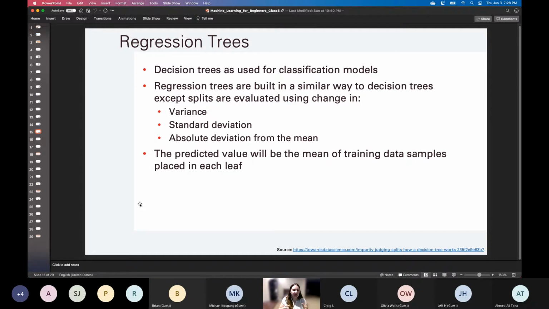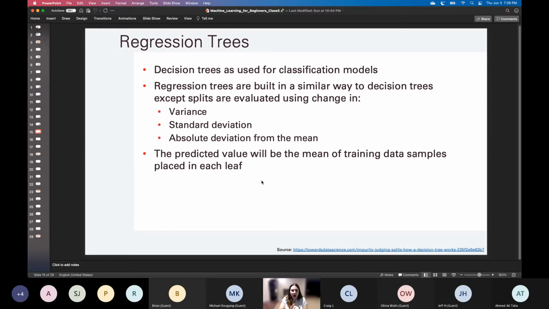With classification, for the final nodes you take the majority value that shows up in that final leaf node. Here, to get a prediction, you find the mean of everything in that final leaf node, and that gives you your prediction.